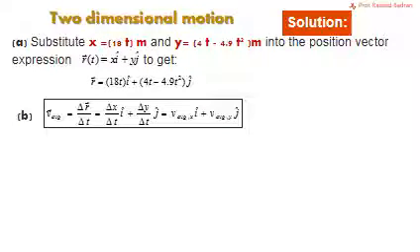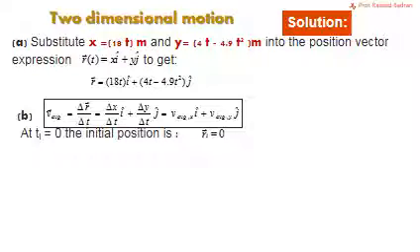To get the average velocity as a vector, you have to find delta r, that is r final minus r initial, or you need to find its components delta x and delta y. To find that, you simply substitute the initial time t into the equations x and y, or in the vector equation.